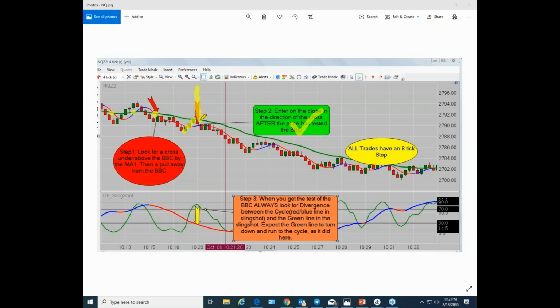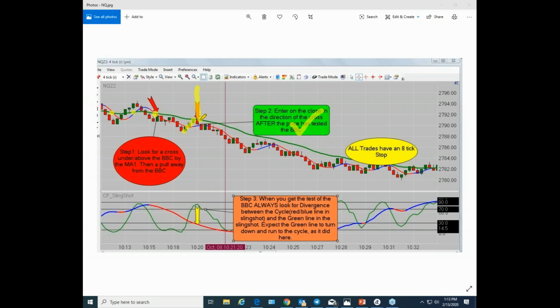If we have a bearish cross and the MA1 is red, we should be looking for a red candle. If we get a bullish cross, we should be looking for a green or blue candle, depending on how the color of your chart is set. When everything is the same color, it stacks all the probabilities in your favor.